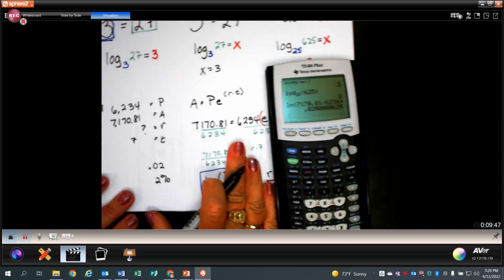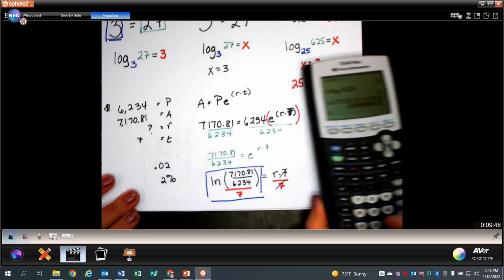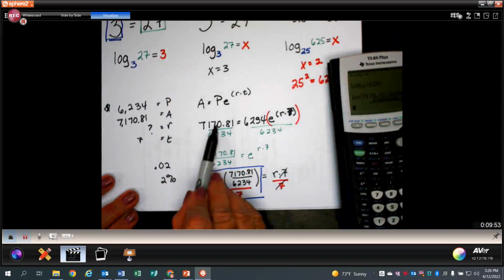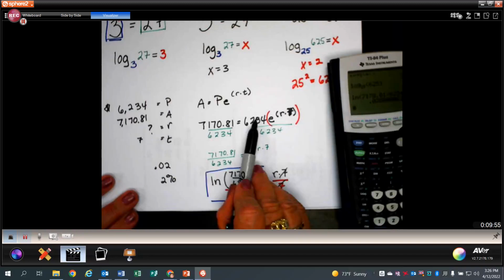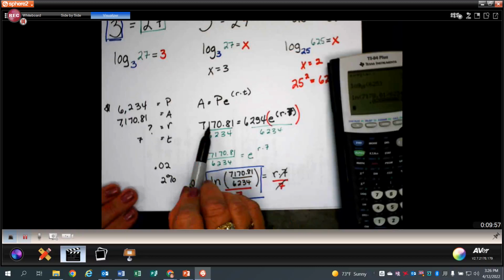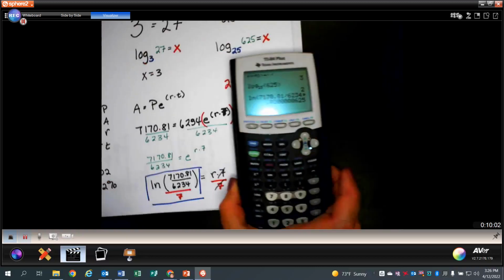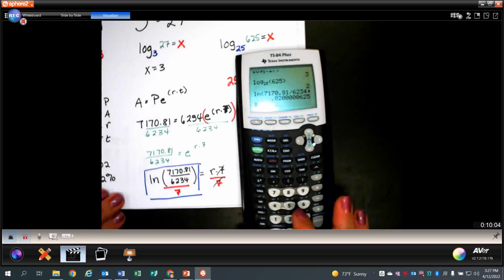Which makes sense. Now you could go back to your original equation and plug in the 0.02 and do this side of the equation only to see if you get 7170. So let's go ahead and do that. 6234 times, and now we're going to use E. So I hit second ln.